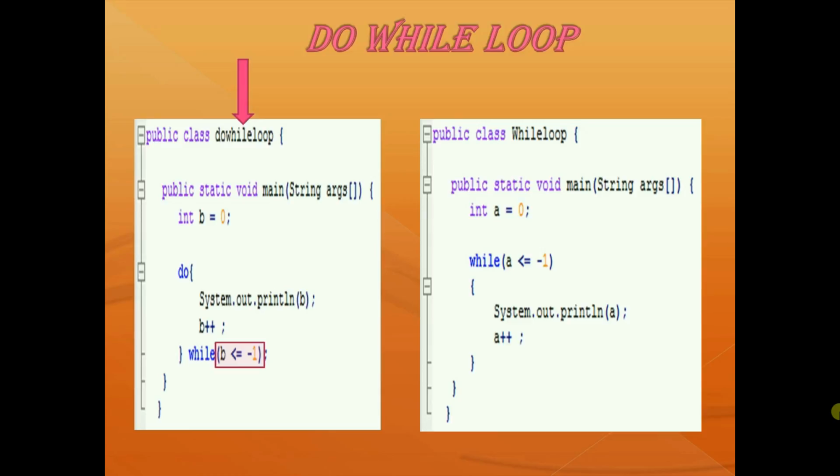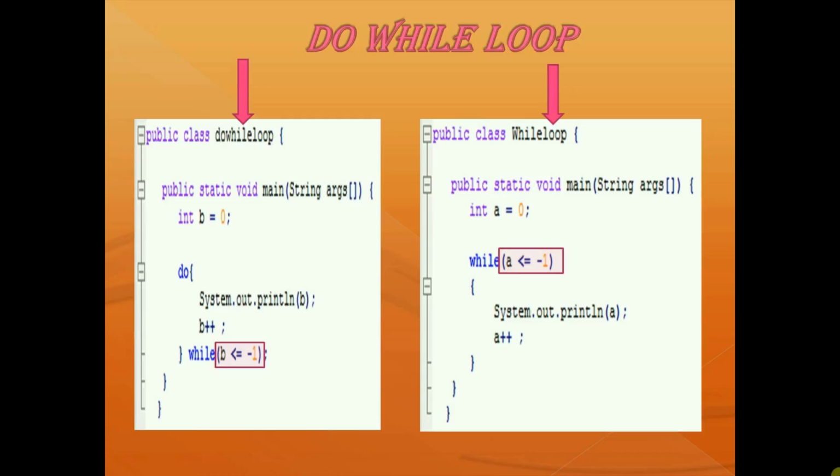Let's say in the do while program, we have given the condition b is less than or equal to -1, and we'll copy this same condition in the while loop expression also.